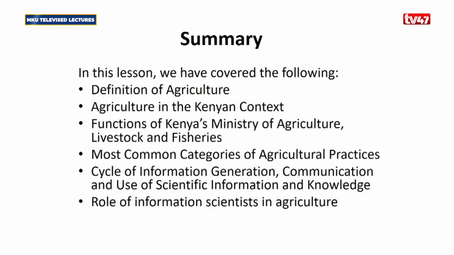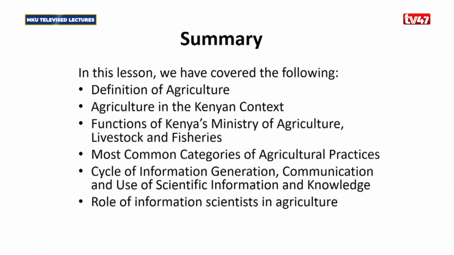Then we have looked at the most common categories of agricultural practices globally. We have also examined the cycle of information generation, communication, and use of scientific information and knowledge in agriculture.